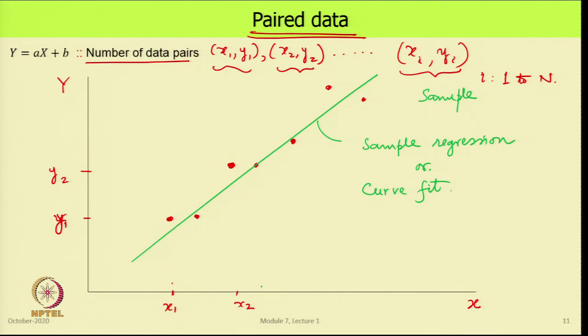So, this is the first thing that happens, and the curve fit takes the form y is equal to a x plus b. You may have come across this from your school days. A and b are what we call the regression constants.